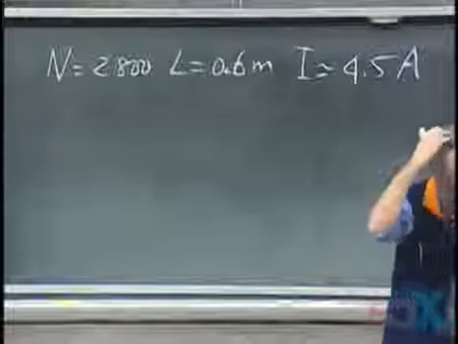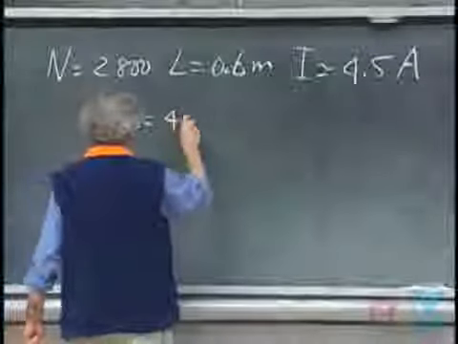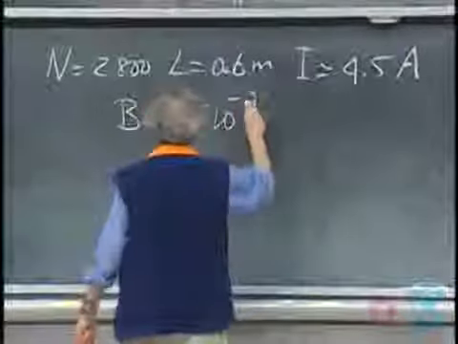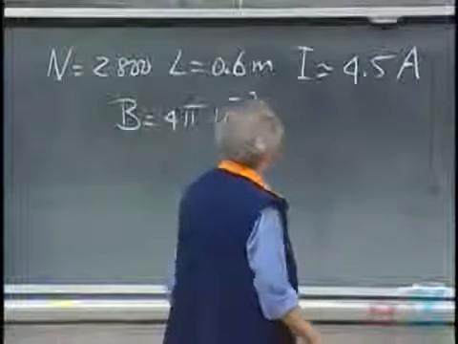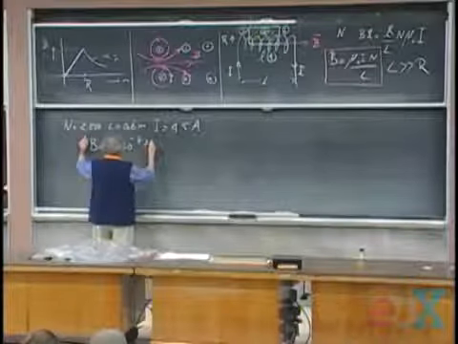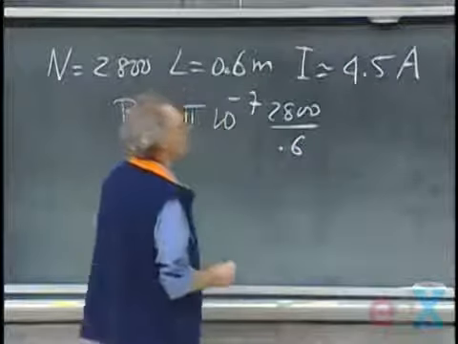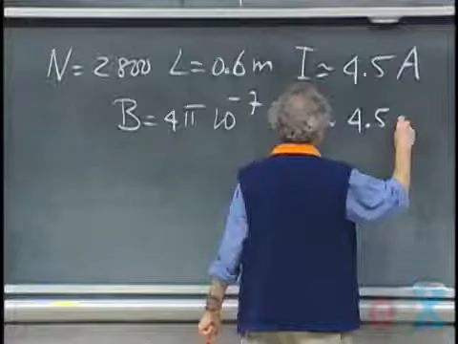And so I can calculate now what the magnetic field is going to be. So the magnetic field strength is going to be 4 pi times 10 to the minus 7, because that's what mu zero is. And then I have to multiply it by 2800, divide it by 0.6, and then multiply it by the current, 4.5.